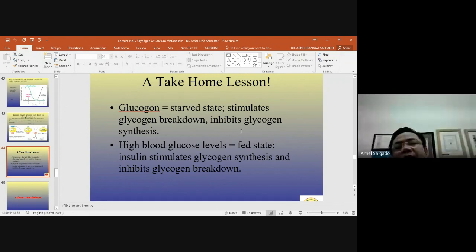So it will assume that there is an absence or low level of sugar in the blood. Therefore, the glucagon will stimulate glycogen breakdown so that we will have enough glucose in the bloodstream. That also will inhibit glycogen synthesis.